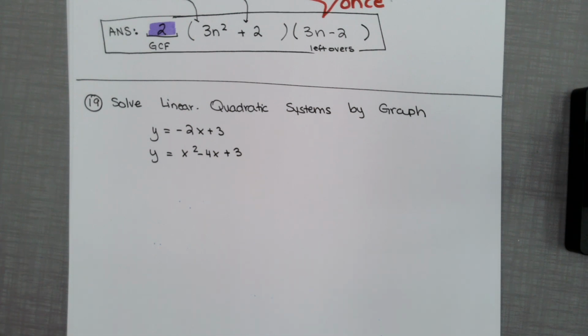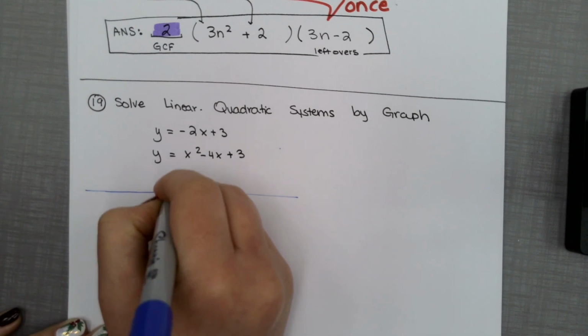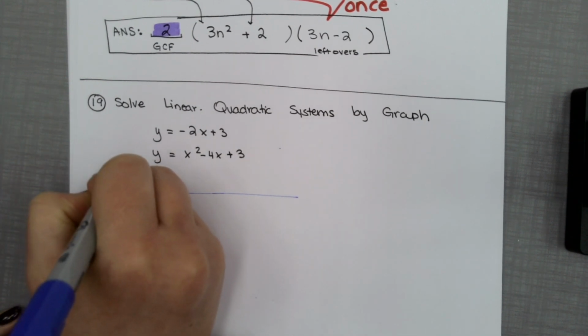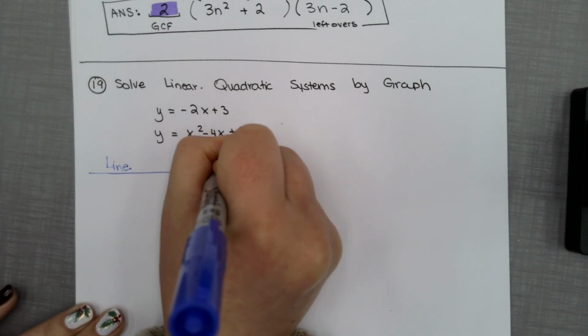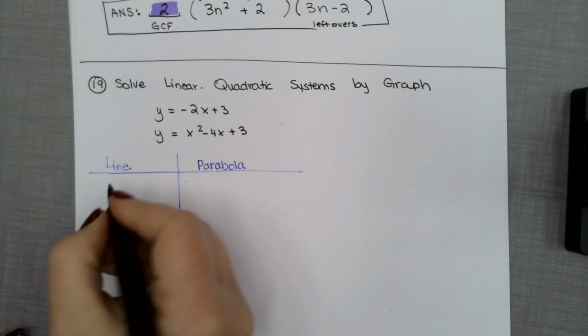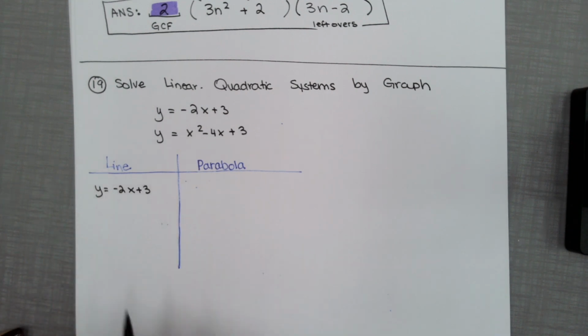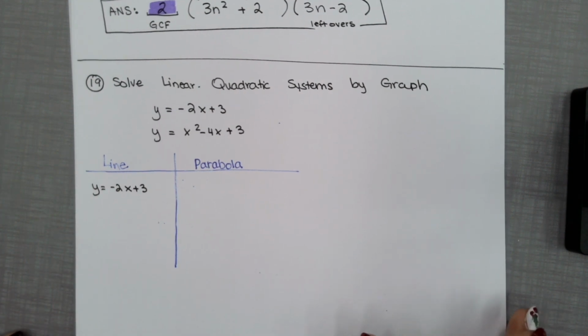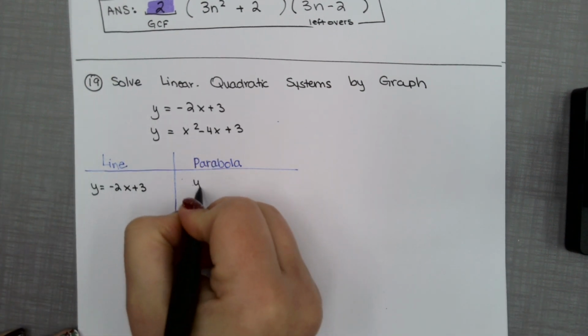Once again, I'm going to ask you to create a little T-chart. We're going to have a line and we're going to have a parabola. The equation with the exponent of 1 is your line. The equation with the exponent of 2 is your parabola.